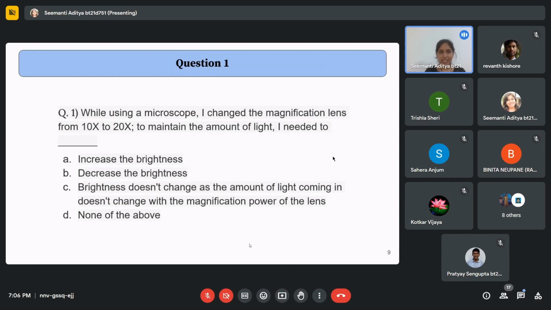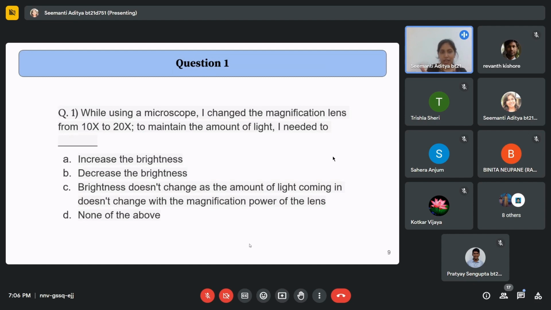Light intensity is completely independent of what magnification you are using. Magnification, numerical aperture, and the refractive index are related to each other, but the light intensity is definitely a different part of the microscope. So whatever light intensity you are using is not going to affect what magnification you're using.